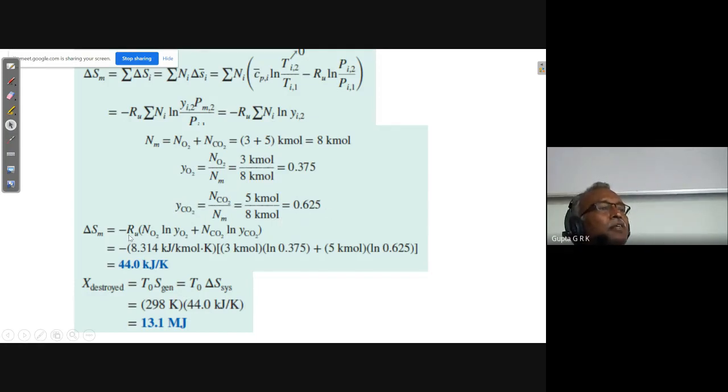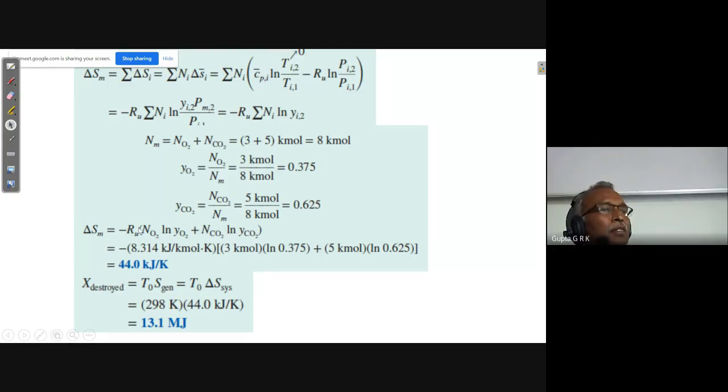And if I use that, delta S of the mixture is minus R into NO2 log YO2, because the temperature term will become 0 for both of the components, and only the second term will be there for both. So NO2 log YO2 plus NCO2 log YCO2.